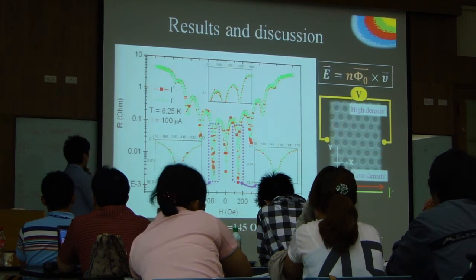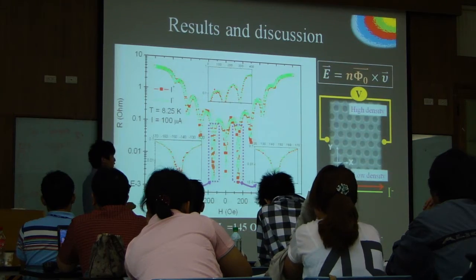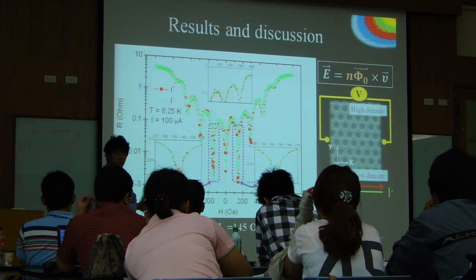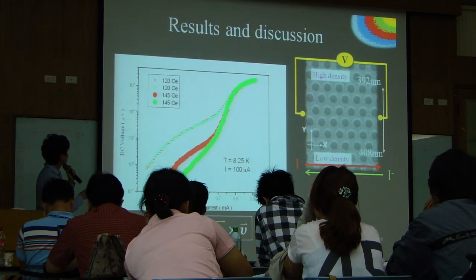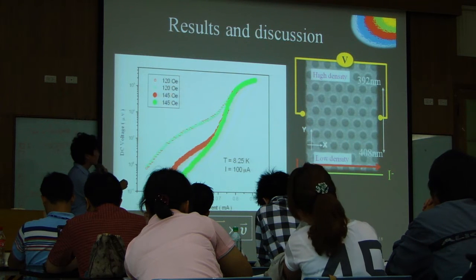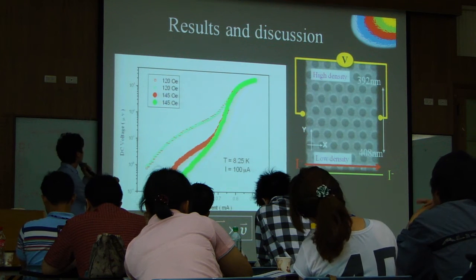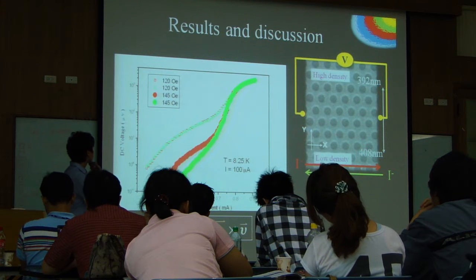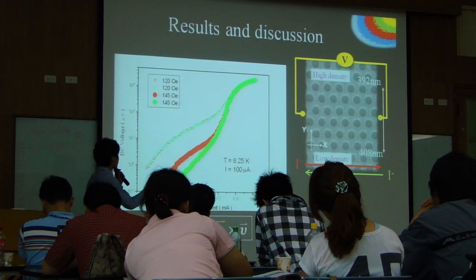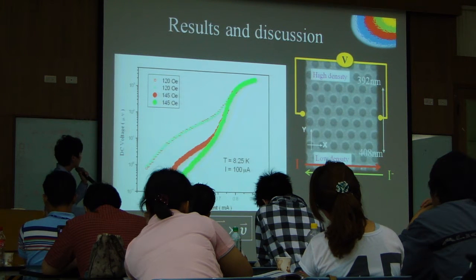We can see here the resistance of the green point, negative current, is higher than positive current. So we measure the IV curve in this measured field and in another field. This is our IV curve of the measured field 145 Oe and the other field 120 Oe. If we are not in the measured field, the voltage we measure will be the same. But in the measured field, there is a little difference between positive and negative current.